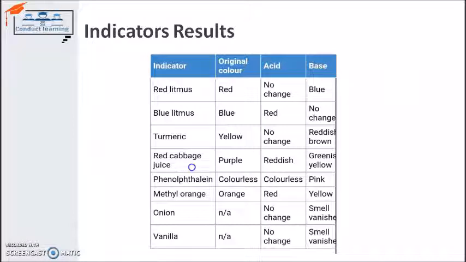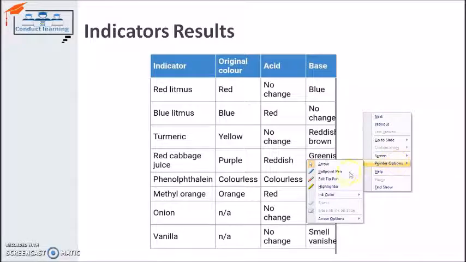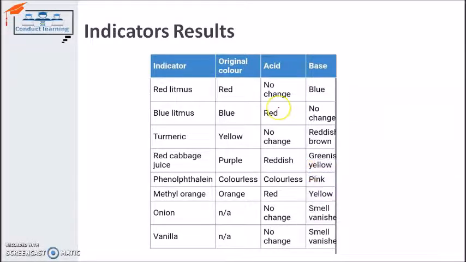First, if we check an acid solution with the help of red litmus paper, its original color is red. When we put red litmus paper into the acid solution, the color of that litmus paper will not change.